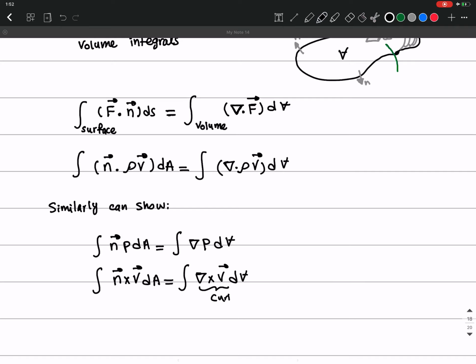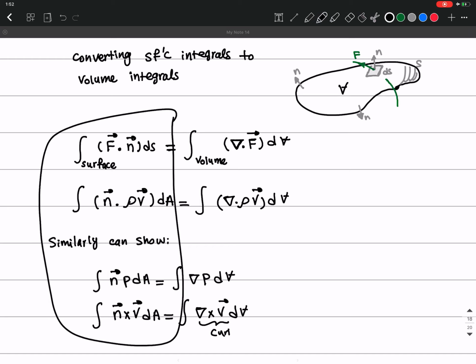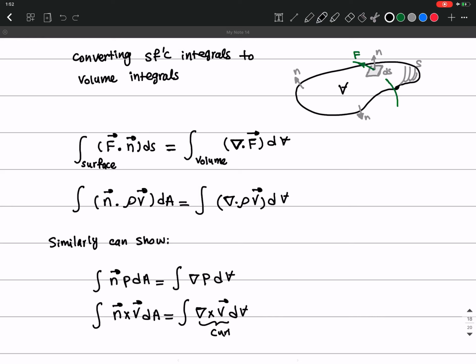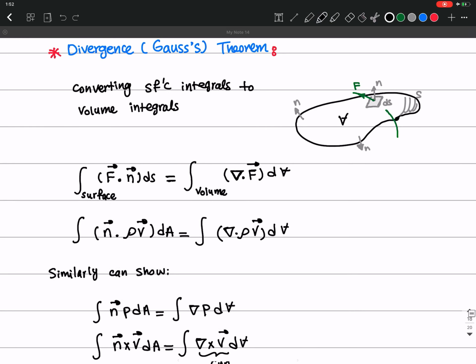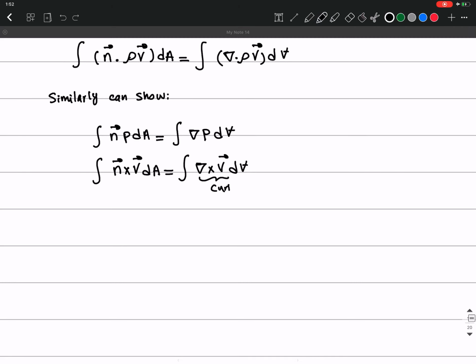So this is how you are converting surface integrals, which are on the left of all of these equalities, into volume integrals. This is the equality and theorem we want to use in order to convert the integral equations into differential form.